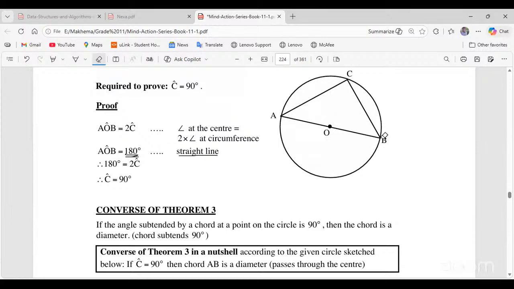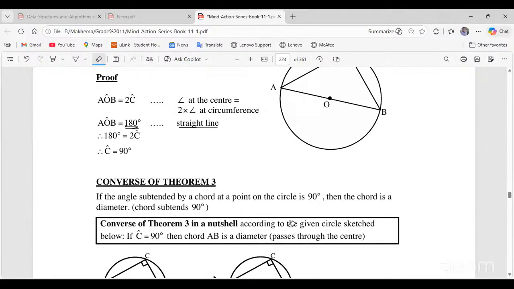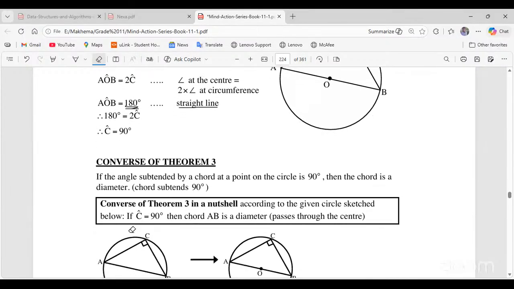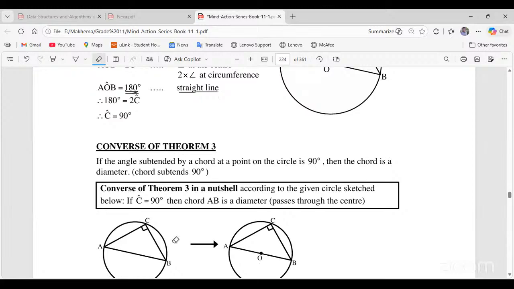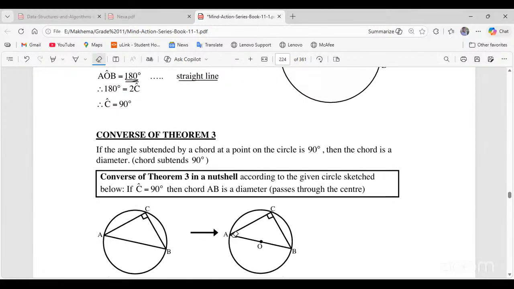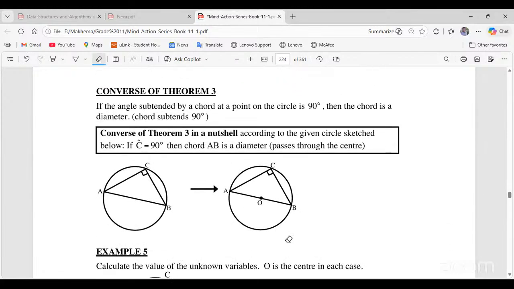The converse of theorem 3: if the angle subtended by the chord at a point on the circle is 90 degrees, then that chord is a diameter. This is the converse. According to the given circle sketched below, if C is 90 degrees, then AB is the diameter. You have to know this, guys.